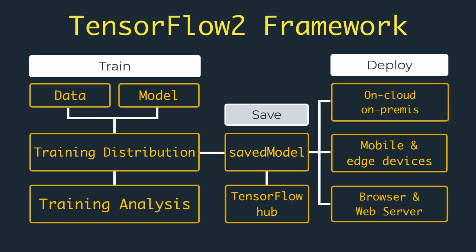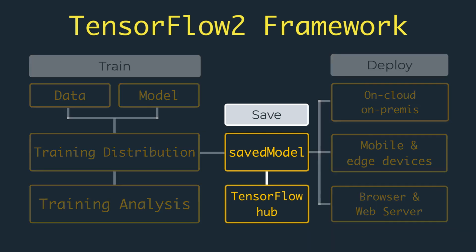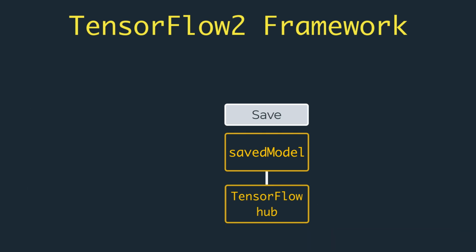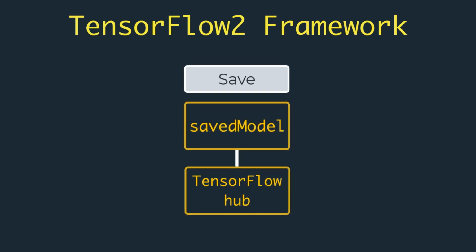So when we're done with the training of our machine learning model and get our desired accuracy, it's time to utilize it. To do so, we have to save that model somewhere so we can utilize it later. Firstly, the previous version of TensorFlow provided many options to save the model.